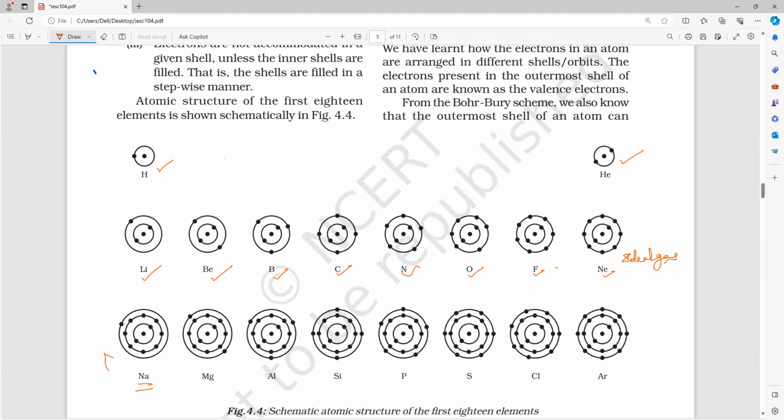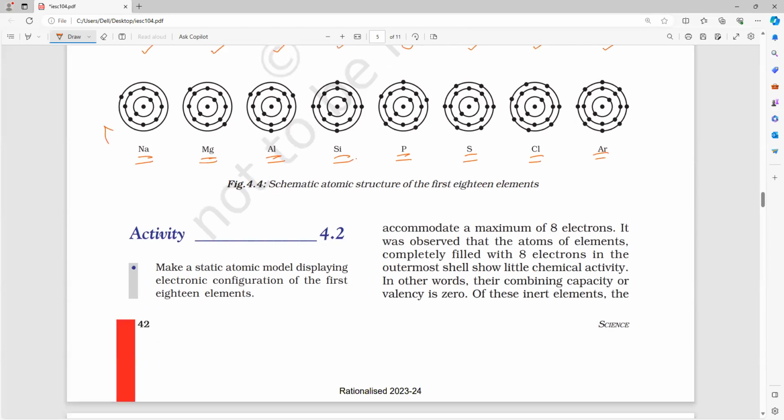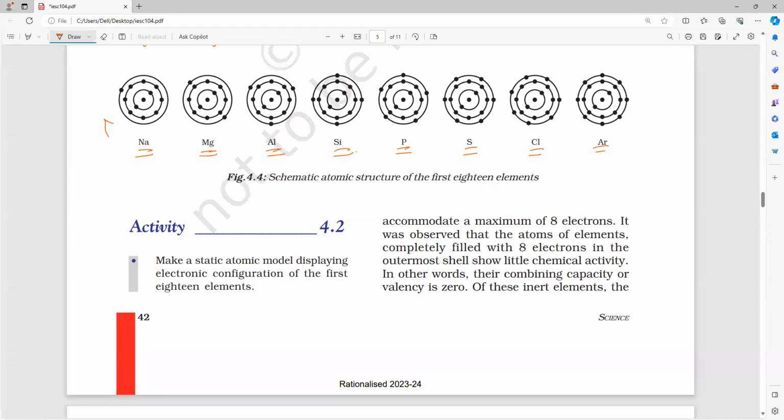Next, sodium, magnesium, aluminum, silicon, phosphorus, sulfur, chlorine, argon. After that, two more: argon is 18, potassium is 19, and the last one is calcium. At least 20 elements you have to know.